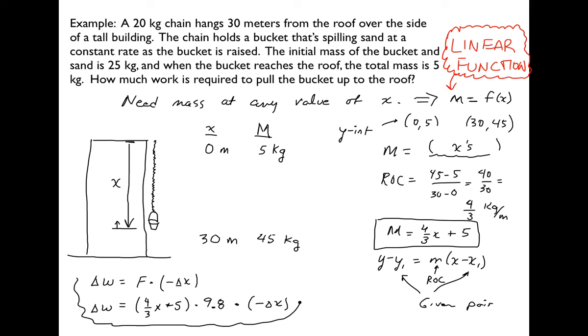And then we're going to sum up all the little bits of work from what to what. So the total work will be the sum of all the bits of work, which is 4/3 x plus 5 times 9.8, and we're going to sum them up from x equal 30 to 0.